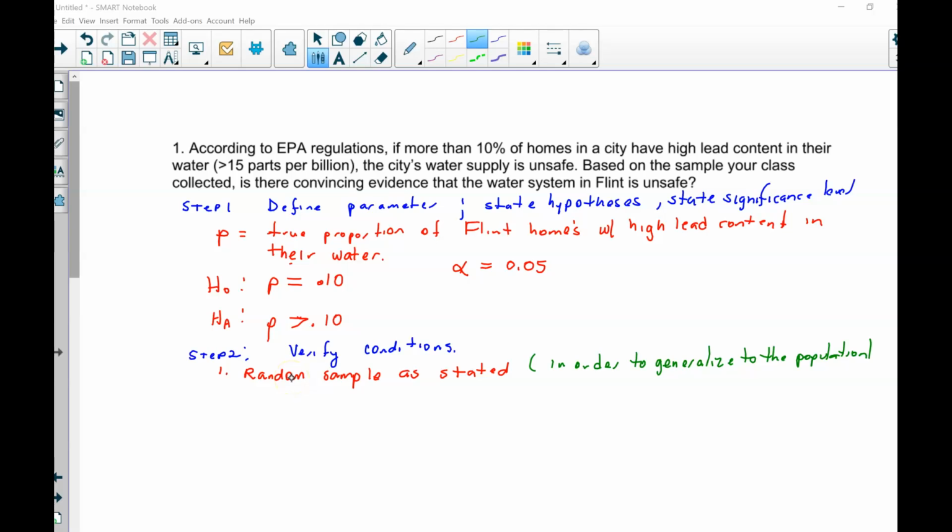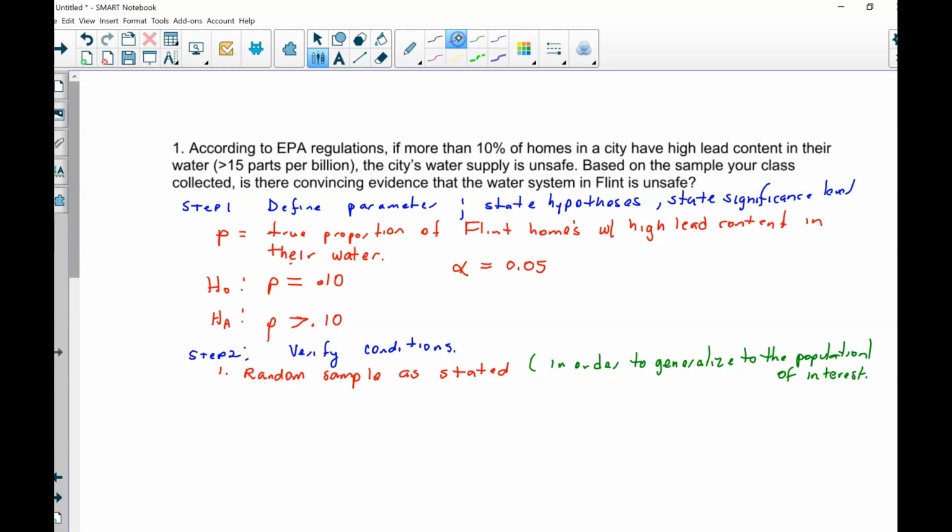I know how the data was collected from reading the actual research, and I know that what we did in class was certainly use a random number generator to get our data. The purpose of this condition, again, is so we can generalize the information to the population, and it's not just the population, it's the population of interest. In this case, homeowners in Flint, Michigan.